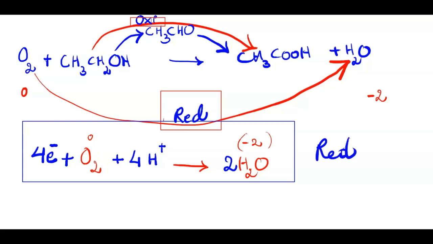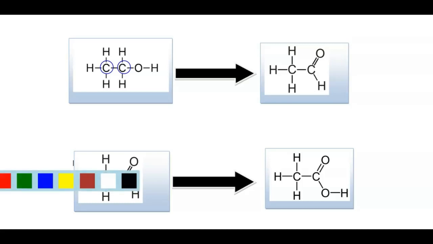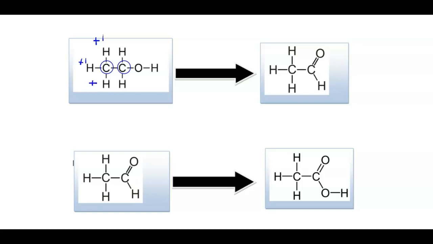Now how can we balance ethanol to ethanal and ethanal to ethanoic acid, and get one oxidation half equation? In this part we will balance ethanol to ethanal. For this we need to know the oxidation state of carbon, so we need to formulate it. The hydrogens are +1, +1, +1, so we write the number on the carbon: the sum is equal to 0, so we write -3 because we have +3 here.